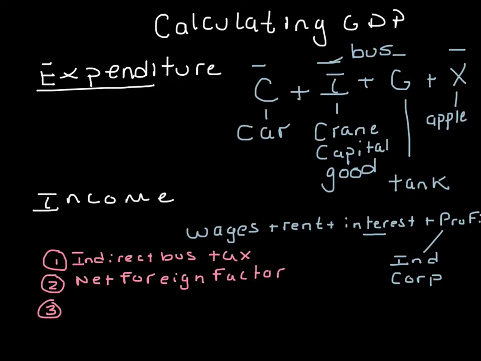factor, the third adjustment we have to make is what we call depreciation or capital consumption. And what that means is capital consumption is what we've given up to make these goods. So for example, say we made $1,000 worth of goods, but we lost $100 of our machinery.